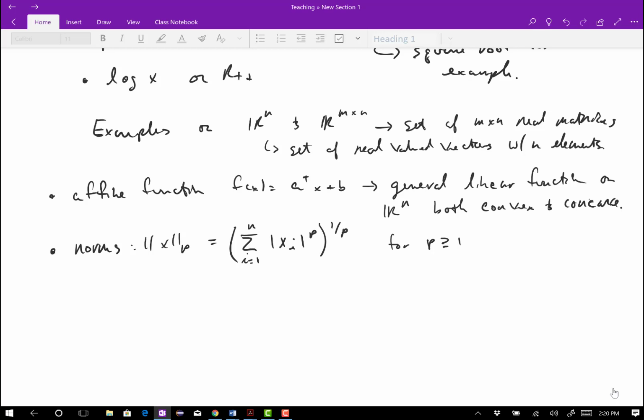And this p can go up to infinity, right? So the 2 norm, the Euclidean norm that we're most familiar with, would be the 1/2 power here, so it would be the square root of the sum of the squares of the elements of x, but then we generalize that to a p norm. So these are p norms, where p can be anything greater than or equal to 1, and the infinity norm of x is defined to be equal to the maximum entry in x.